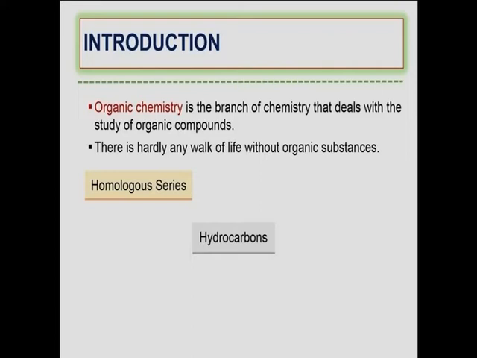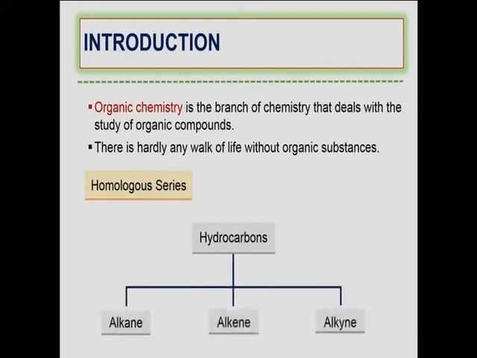Today I am going to introduce you to the basic homologous series of hydrocarbon. Of course, we have many homologous series, but I will just introduce the basic homologous series of hydrocarbon, that is alkane, alkene and alkyne.